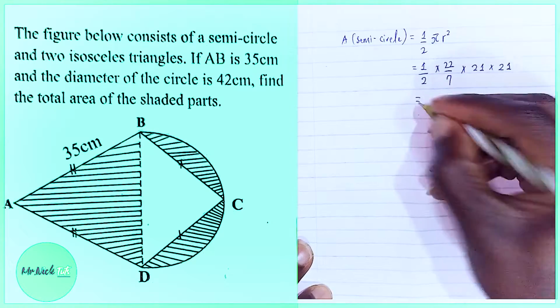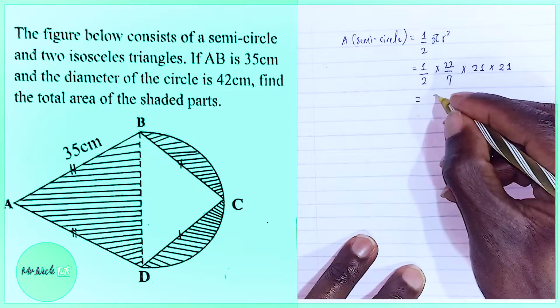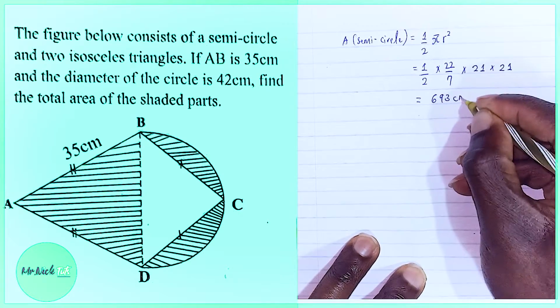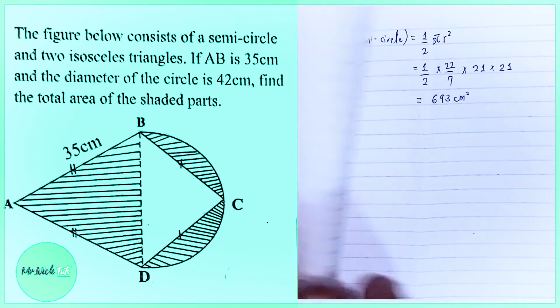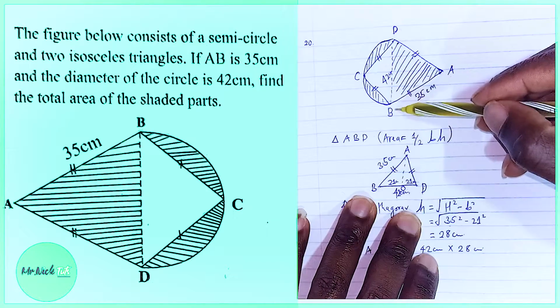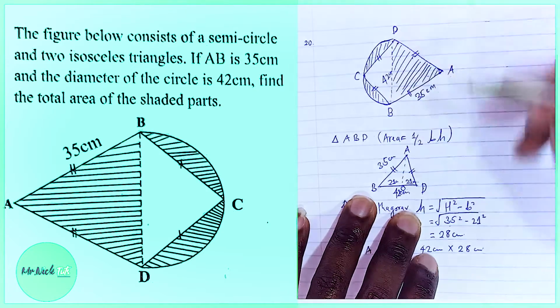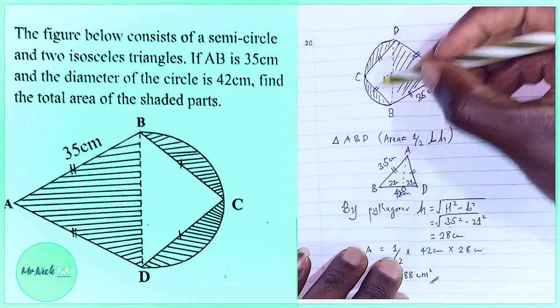So this will give us a half times 22 over 7 times 21 squared. This will give us 693 square centimeters. So this is the area of the whole semicircle. That is the semicircle BCD right there, right?